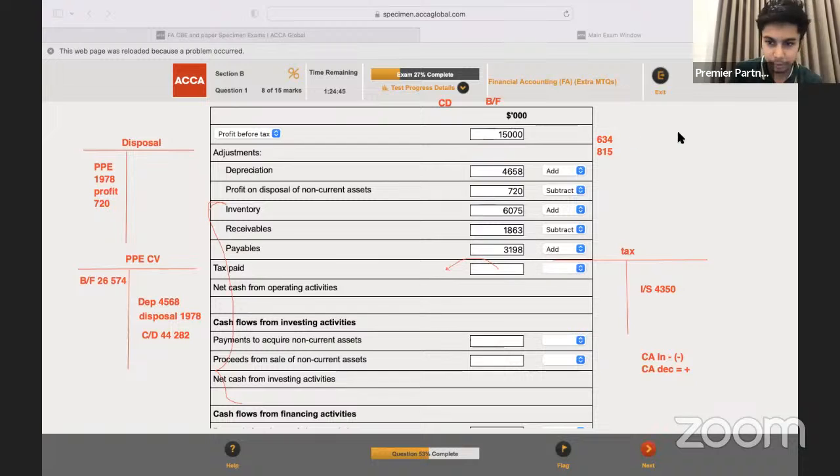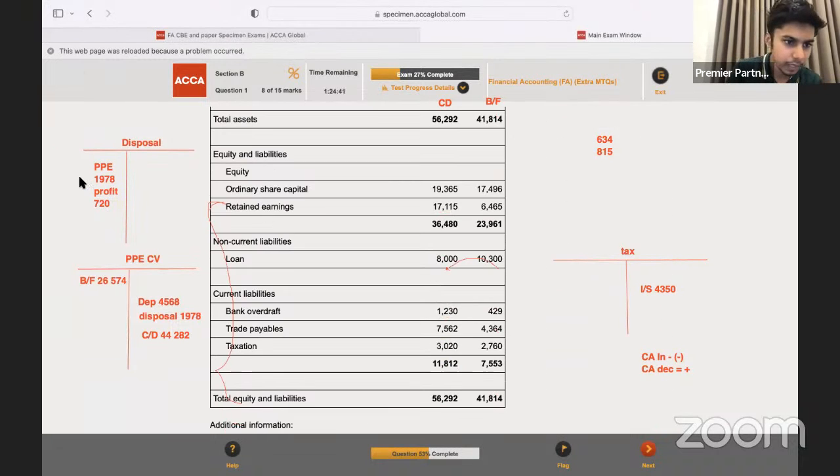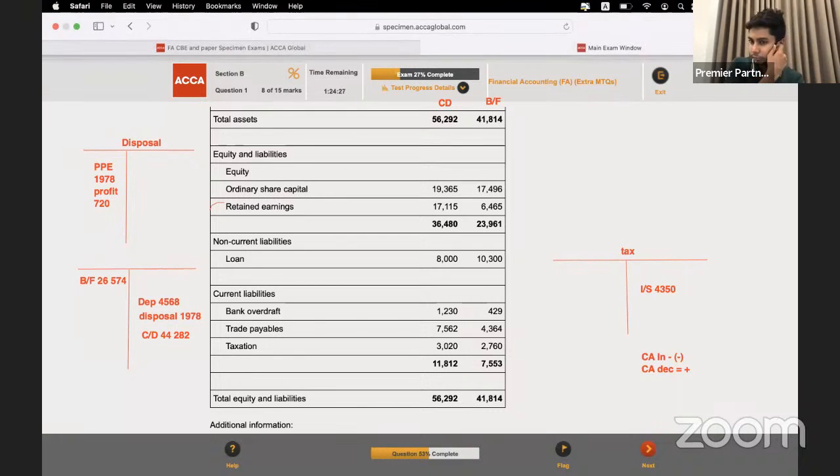Right. Again, going back to the top part, going back to the question paper. Okay, retained earnings. Guys, like I said, retained earnings must only be used, wait, guys, I think something got erased. Okay. So like I said, guys, retained earnings must only be used in a cash flow if there is a what? Dividend paid.